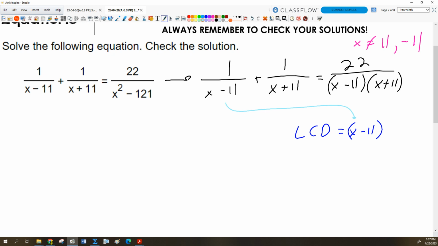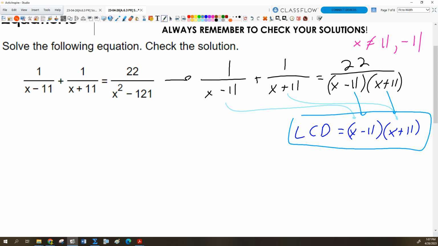And what's the next one that gets included? That one comes from our second fraction. And then look at our third fraction. We've already taken care of those, right? They're already included in our product. So that's it. LCD is just x minus 11 times x plus 11, right?